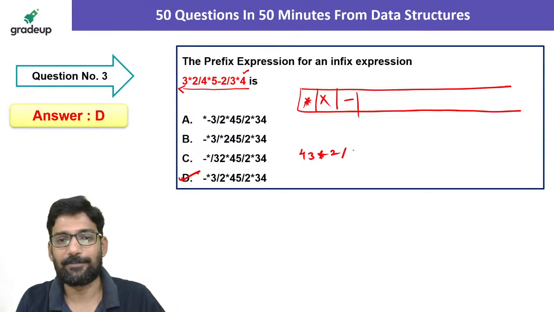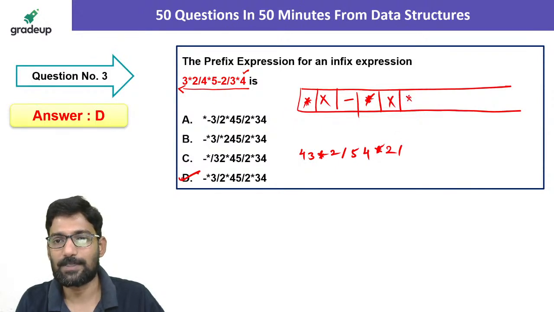Then 5, then star, then 4, then division; star has equal priority. Then 2, then star, so division is popped and star is pushed. Then 3. Now we will make the stack empty: star, minus.